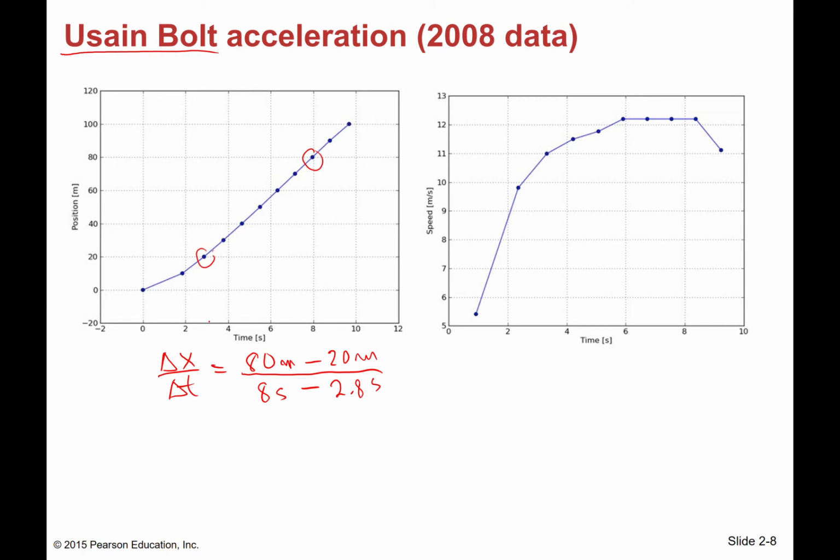So that is the time here. So now I have delta x over delta t. I can do this math and I get that this is 7.99 meters per second. That is the top speed of Usain Bolt. That is the speed in this segment, which is a straight line.